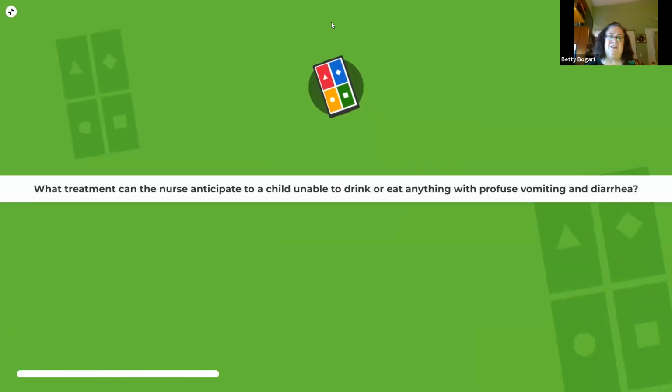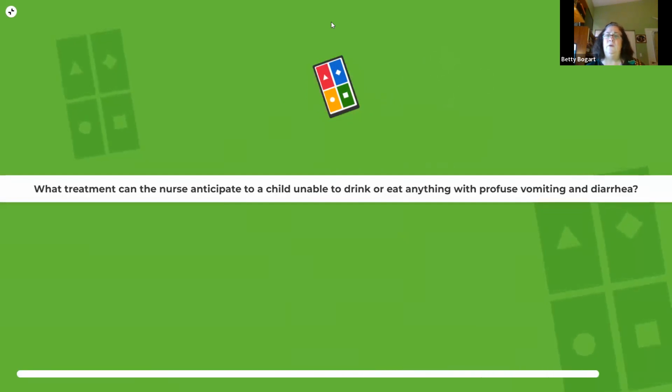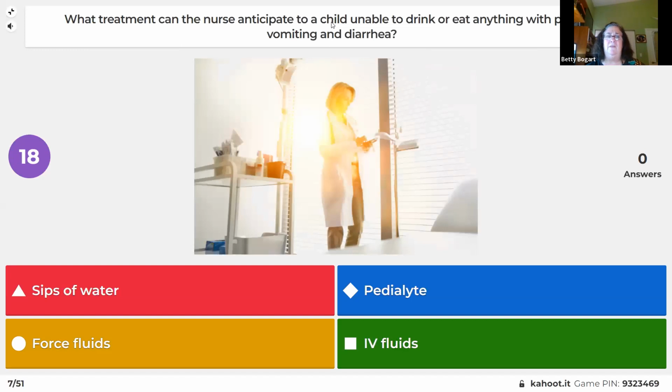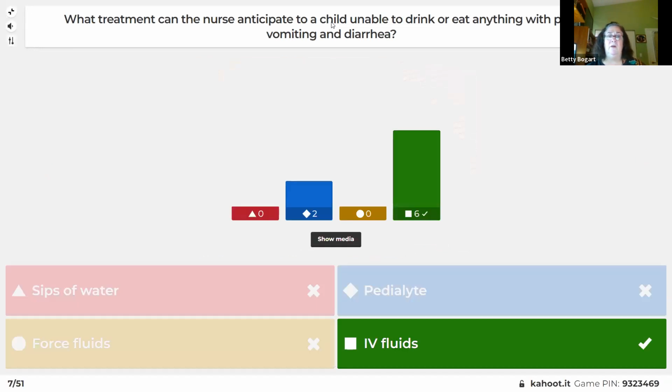What treatment can the nurse anticipate for a child unable to drink or eat anything with profuse vomiting and diarrhea? So we know this one is IV fluids.